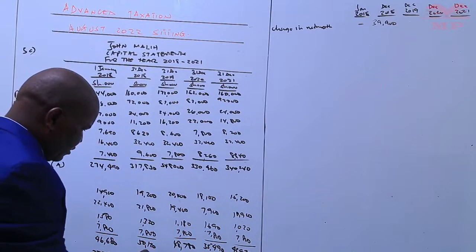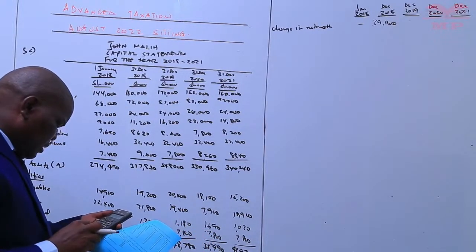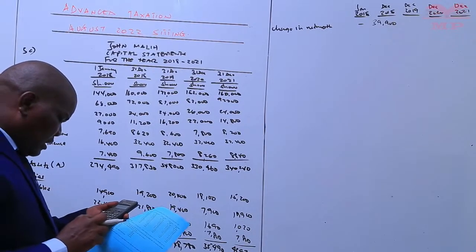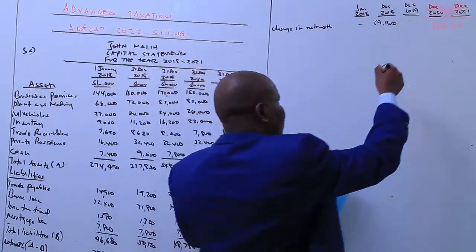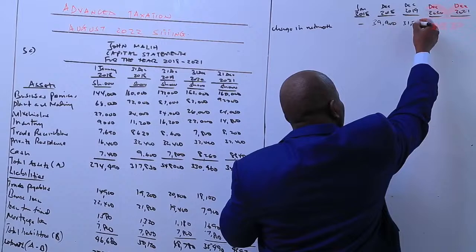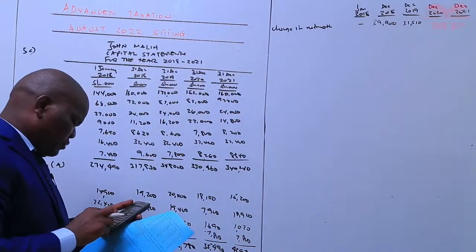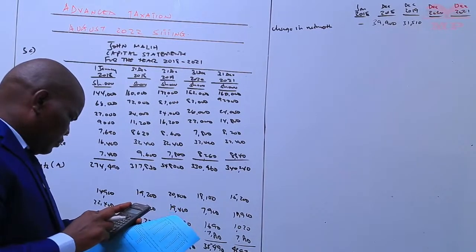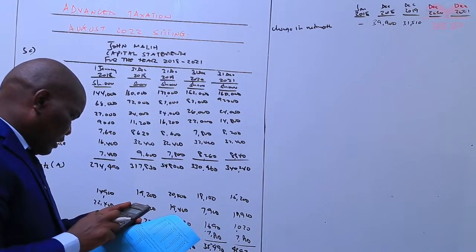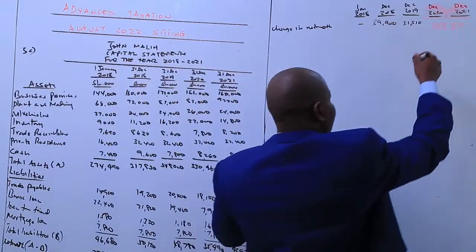2019 will be 299,220 less 267,710. I get 31,510. 2020 will be 294,970 minus 299,220. I get negative 4250.